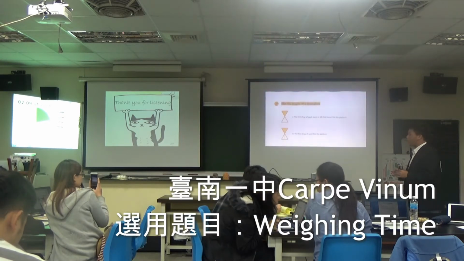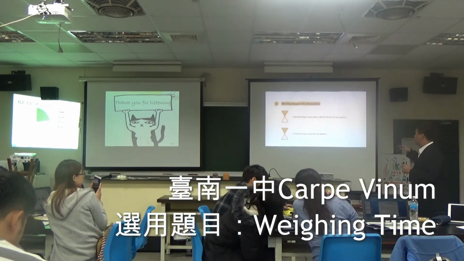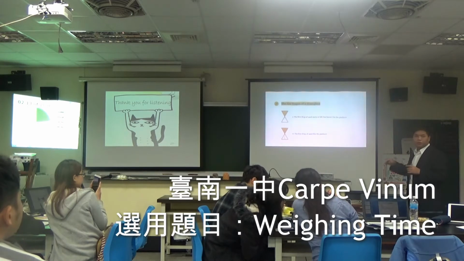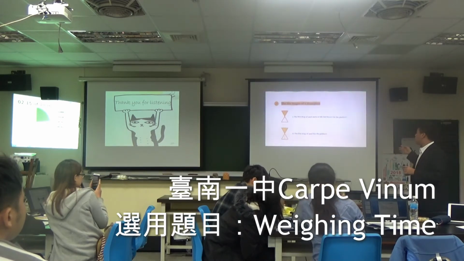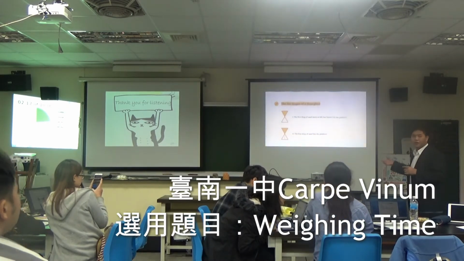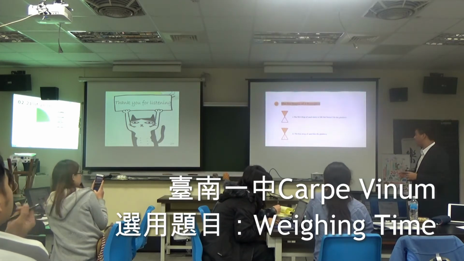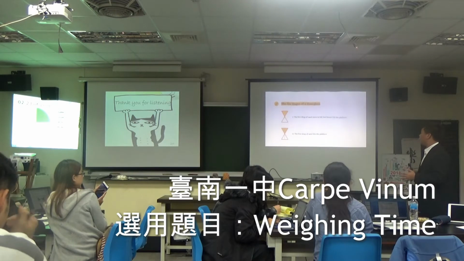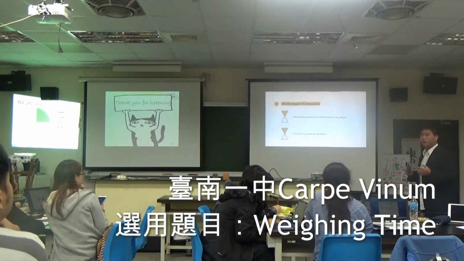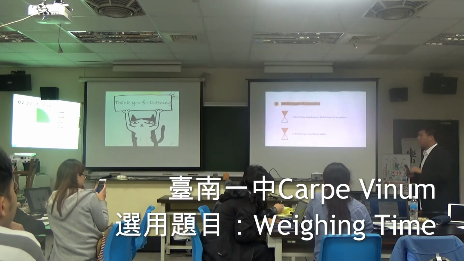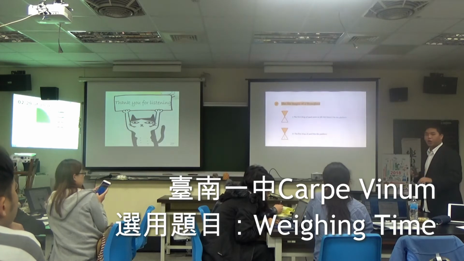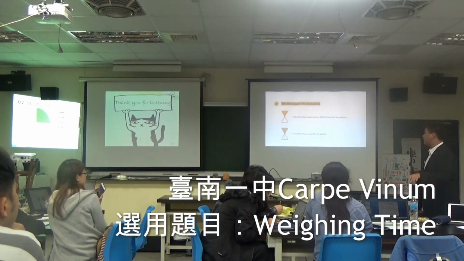Sure. So before we talk about how we measure or the theory numbers of the hourglass, we split the motion of the hourglass into 6 stages. The first stage is the first drop of sand leaves the top part of the hourglass. The second stage is the first drop of sand hits the bottom, the platform of the hourglass.